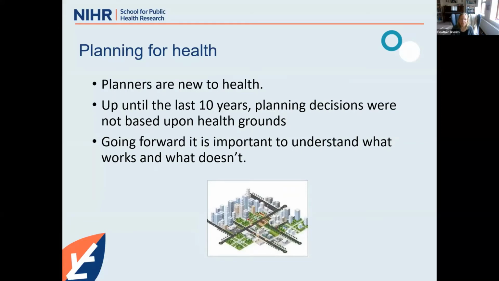So as I said, planners are new to health. Up until the last 10 years, planning decisions mostly were based upon environmental grounds such as access and noise, but not really thinking about how the environment influenced health. So going forward, as planners are new to health, it's important to understand what works, how the planning system can influence health and how it might not be able to influence health.